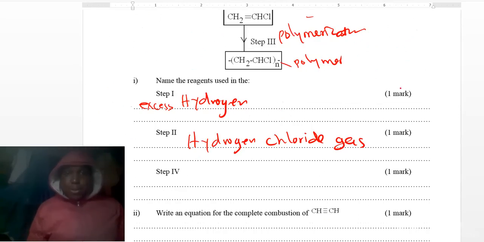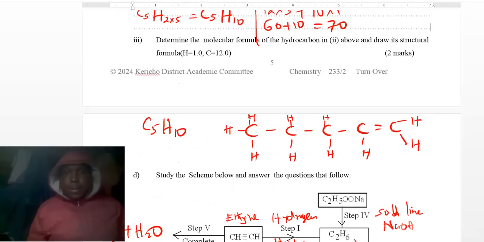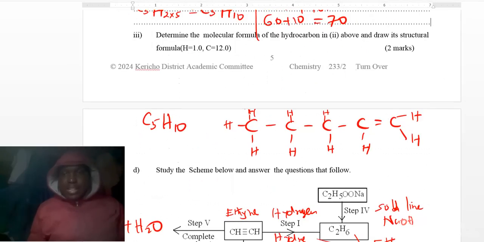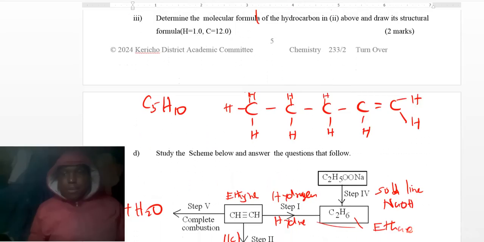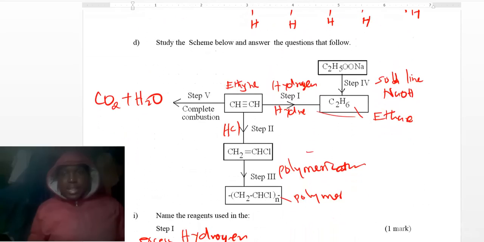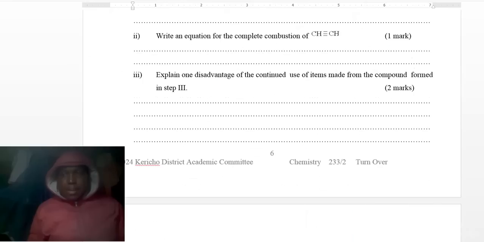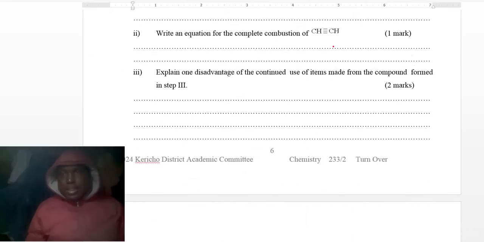Step 4, which one is step 4? Step 4 is the formation of alkanes in the lab. For laboratory preparation of alkanes, we need soda lime, and that soda lime is sodium hydroxide.